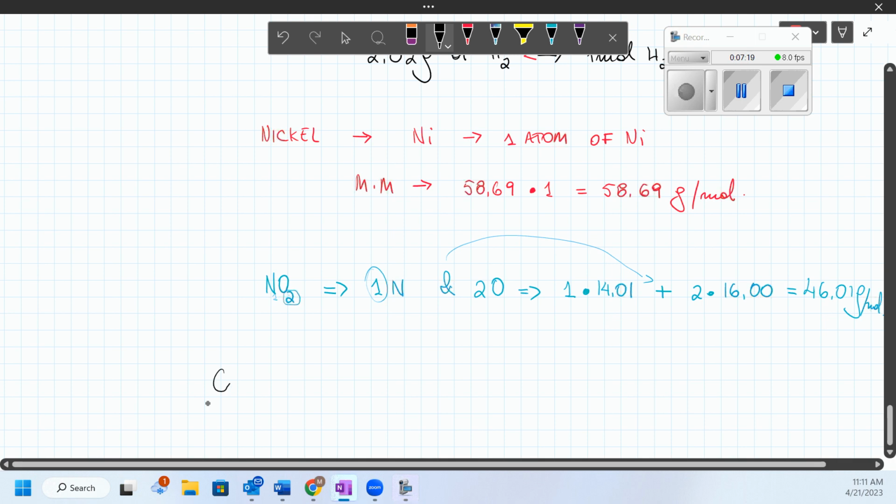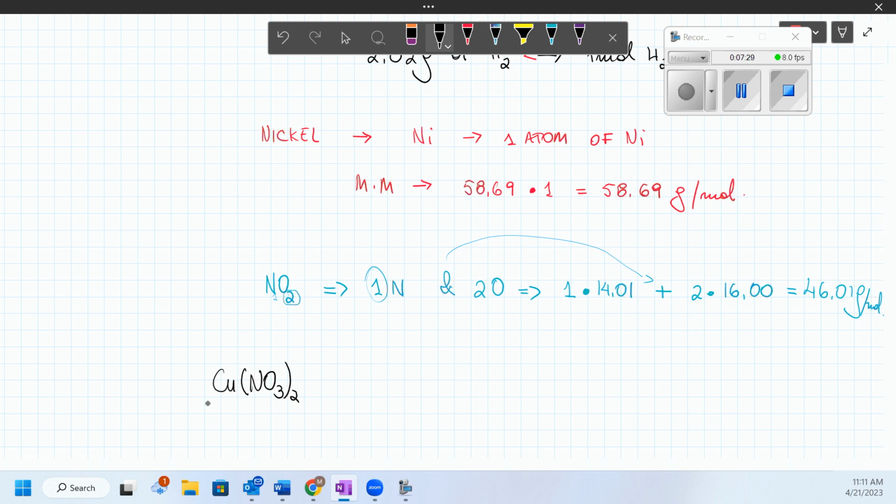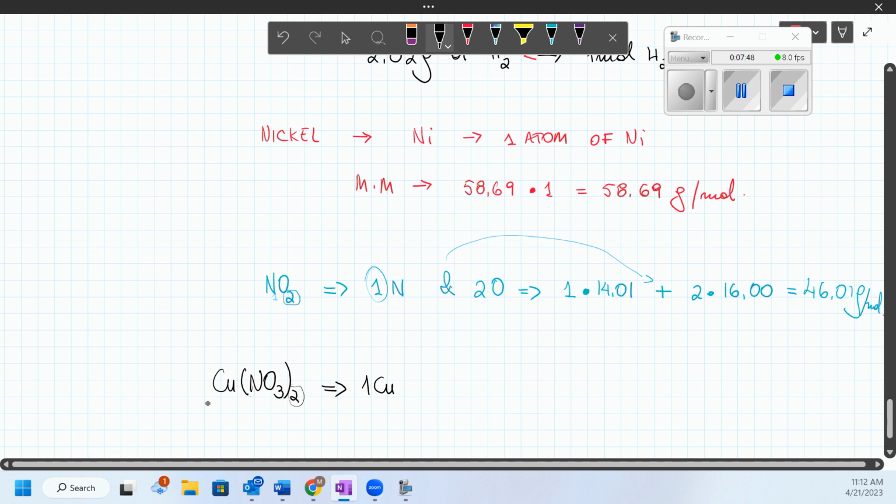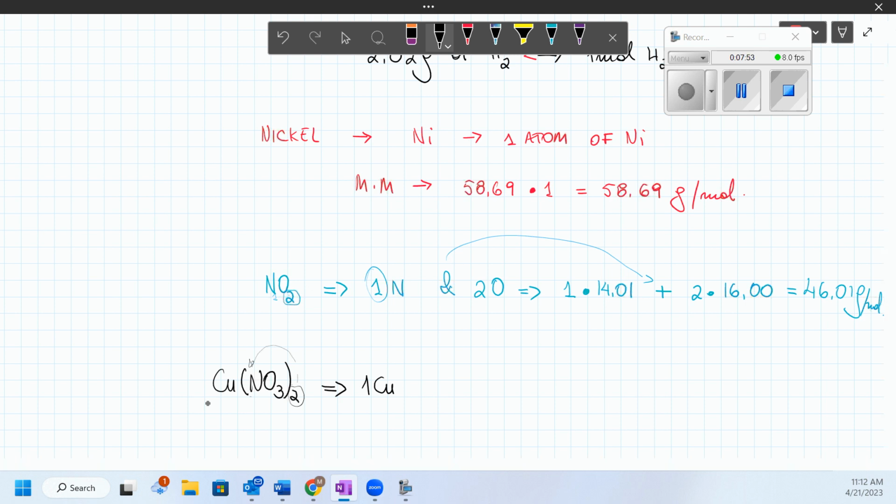Right now, let's suppose that we are calculating the molar mass of Cu(NO3)2. Okay, so let's first identify the number of atoms of each element in this compound. So we have 1 copper, okay, and then you see a 2 here, and since there are brackets, that means this 2 is multiplying whatever is inside the brackets.